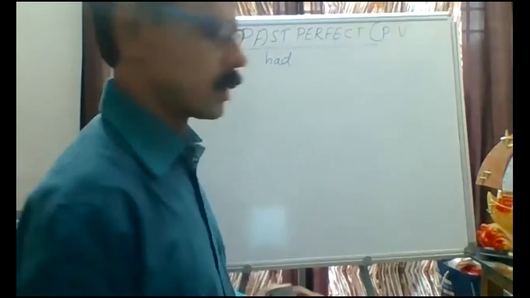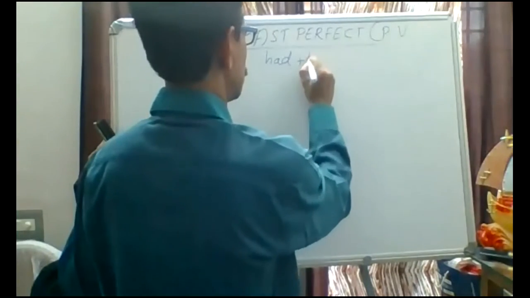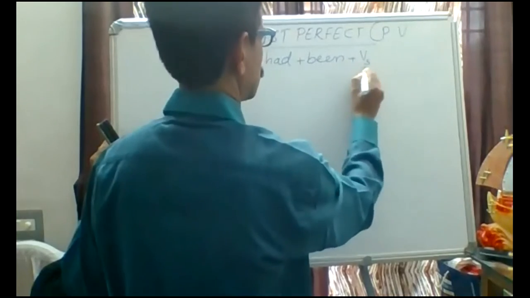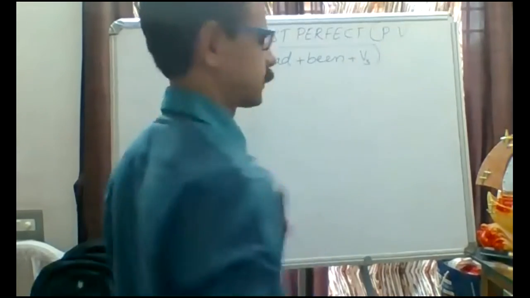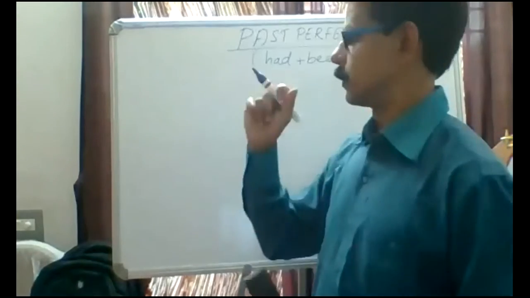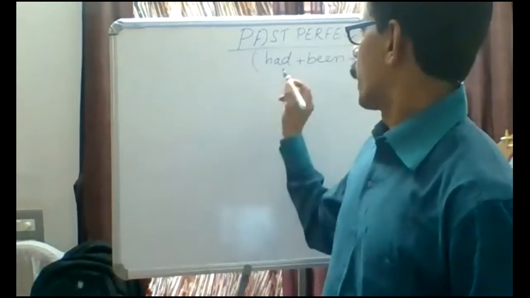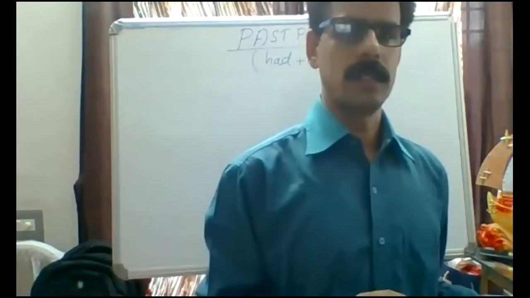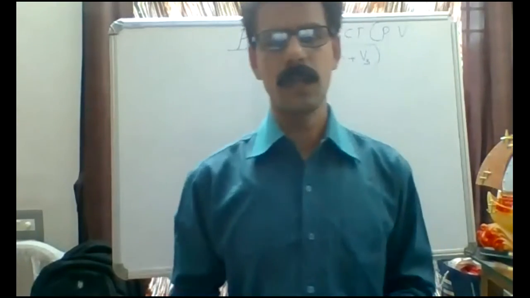Had plus been, and V3, is the structure of the verb. What is here? Had been plus V3. So there is no confusion at all.